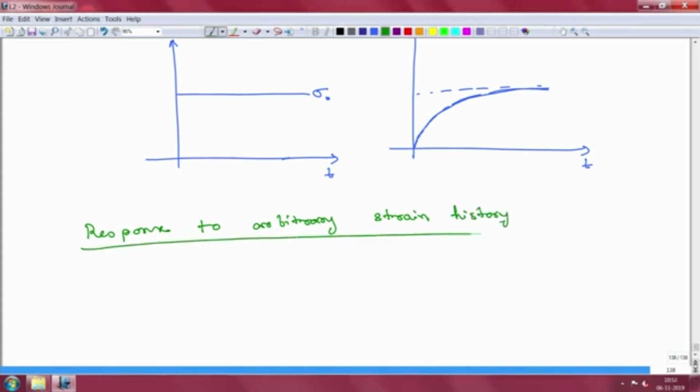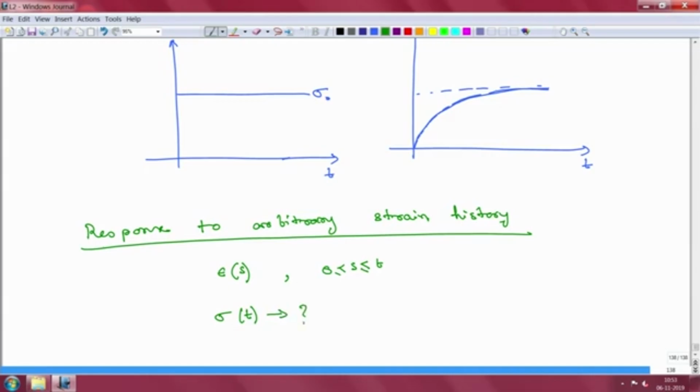So basically you have been provided a strain history, epsilon s, for all values of time leading up to t, and the question is what is sigma t.